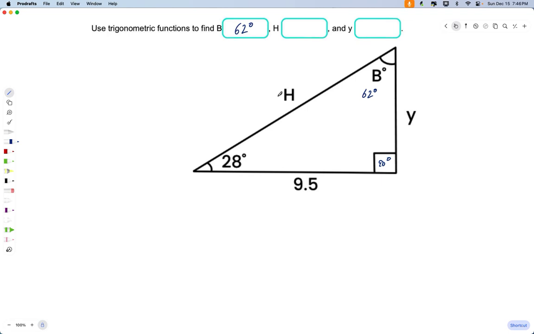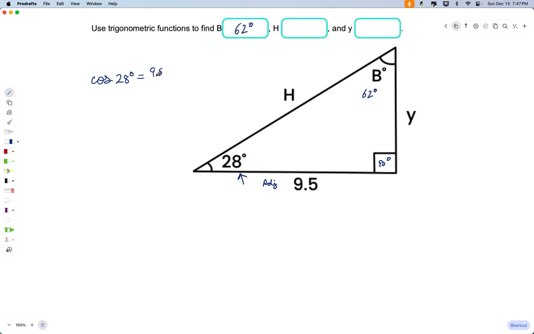So we've got the sine. Let's do the cosine. The cosine of 28 degrees is equal to the adjacent. This is the adjacent for 28, so 9.5. And the hypotenuse is h.